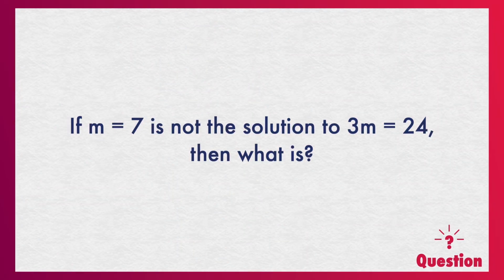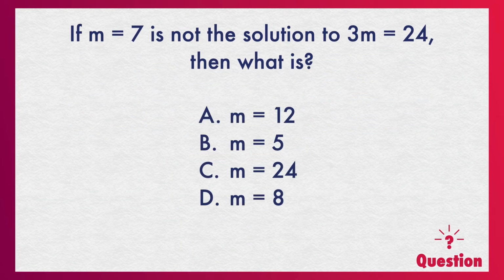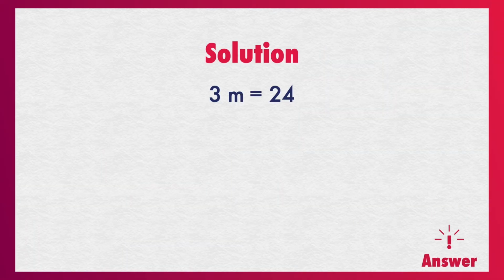Okay, so the question remains: if m equals 7 is not the solution to 3m equals 24, then what is? Let's work this out together. Now, I know this is a problem you could probably do with mental math, but it's a good habit to start building strategies and work habits to show your work, because these equations will get more complex as we progress through algebra. We're going to use the exact same format we used when we checked m equals 7. We start with the parentheses and bring down the rest of the equation: the 3, the equals, and the 24.